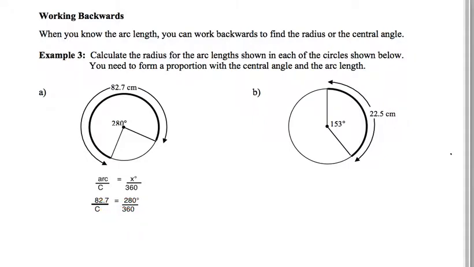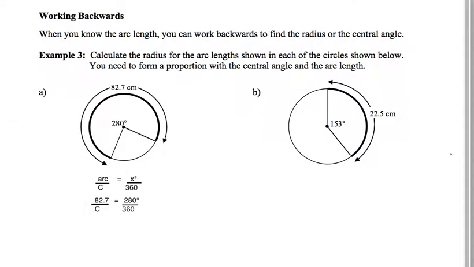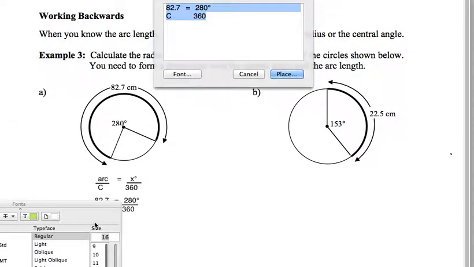Okay, so let me write that out. In order to use the fish method, I'm going to do 82.7 times 360 divided by 280. So to get c, it's 82.7 times 360 divided by 280.